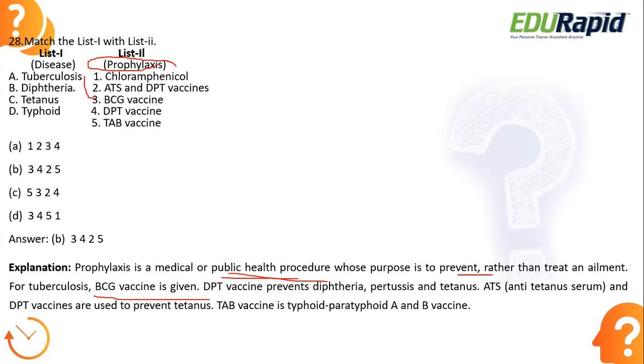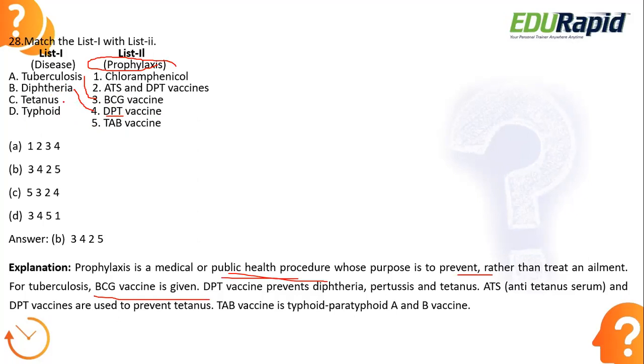Now diphtheria is prevented with a vaccine called DPT. It is a combined vaccine for diphtheria, pertussis and tetanus. For all three different diseases, a common single vaccine that we have here is DPT.